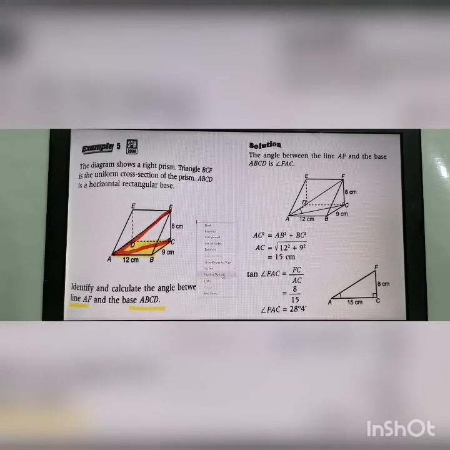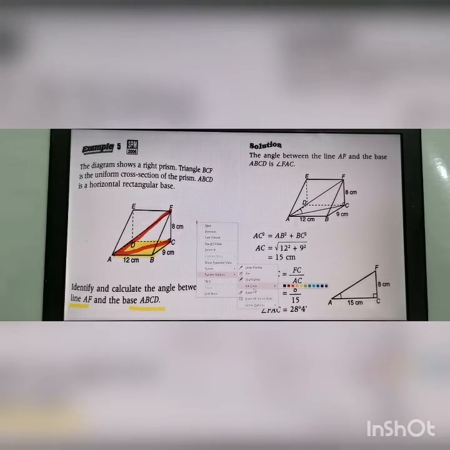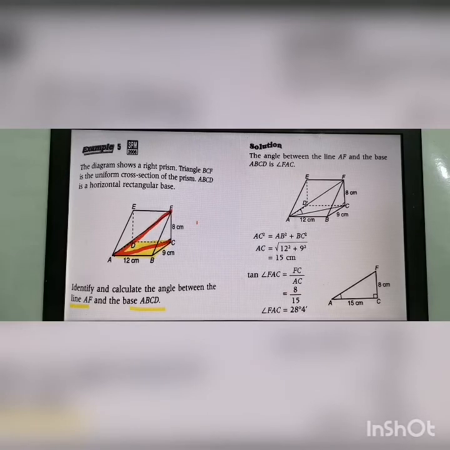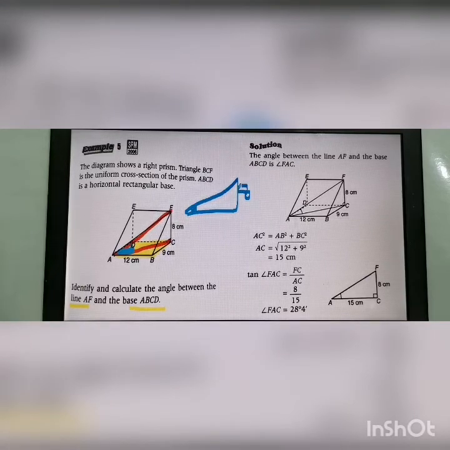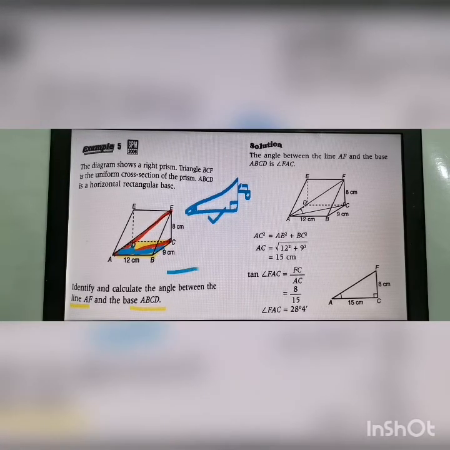Okay, so they want to find the angle here. So you need to draw a triangle. It's a right angle triangle. You want to find the angle here. Here is 8. Alright, the problem is here. How to find the length of here? Yes, you see the small triangle down here. The triangle here is shaped like this.